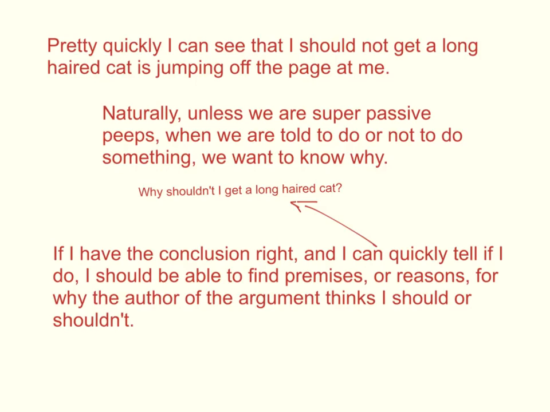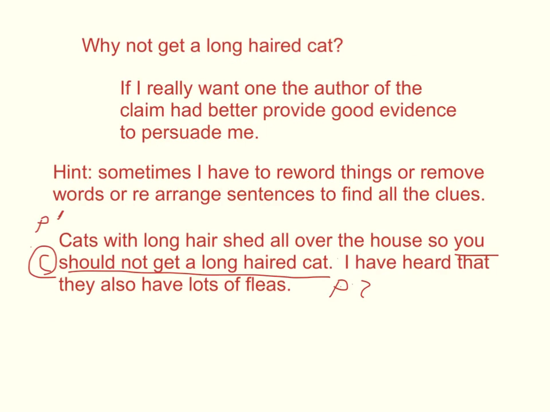So if I have the conclusion right, I can quickly tell, if I do, by noticing that I'm going to start looking for reasons, or fancy word for reasons, premises, that are going to provide good evidence of why I should or shouldn't. So, why shouldn't I get a long-haired cat?